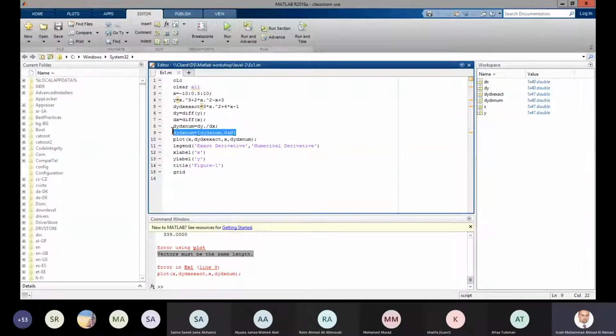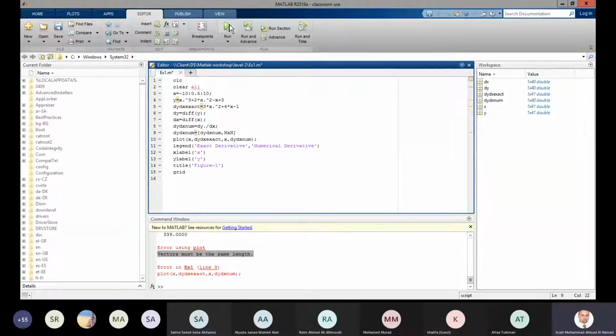Without this, if you remove this, when Matlab goes to the plot command, this will be 10 entries, this will be 10, this will be 10, and this will be 9, because this is the nature of the diff function. It gives you one vector short of the original variable.